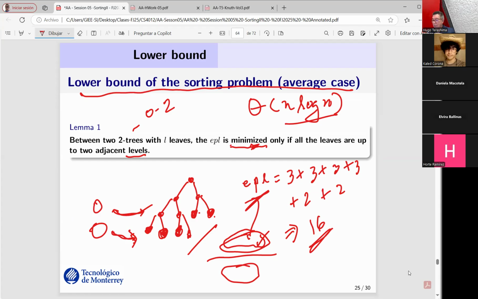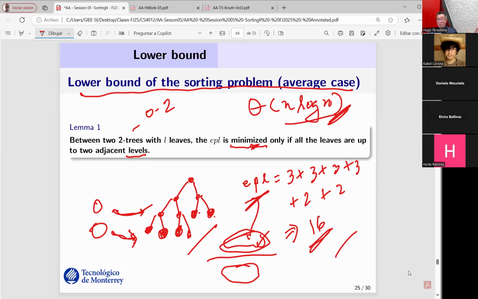I analyze it in the worst case, and then I have to compare it against n log n. And if I do the analysis in the average case, in order to know if the algorithm is optimal, I'm going to compare it against n log n too, because it's the lower bound in the average case.